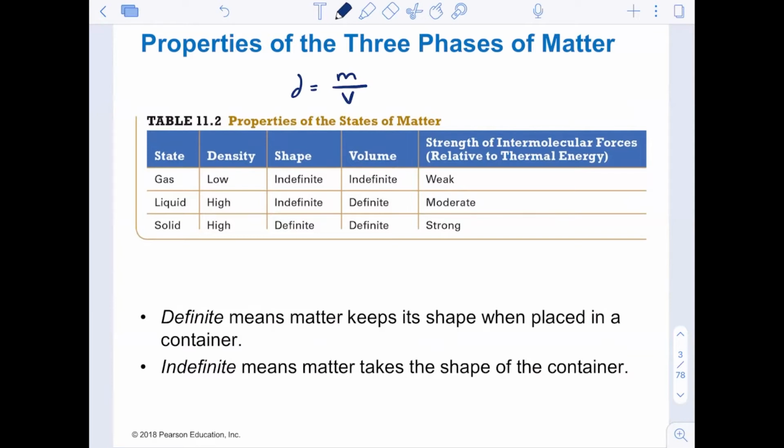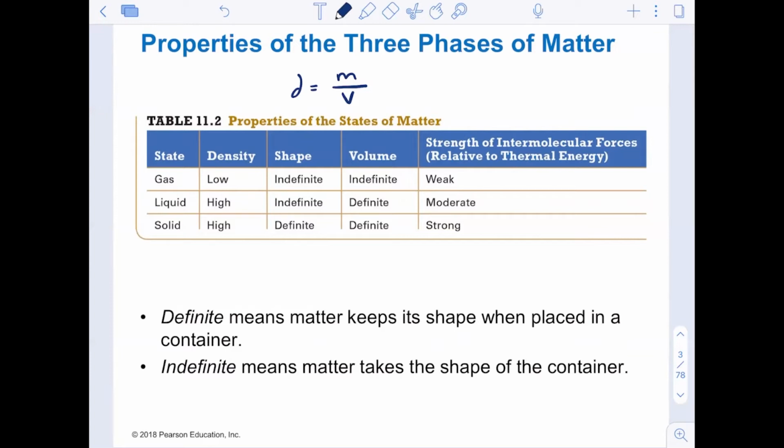We will talk about liquids and solids though. Their densities are relatively high. They are more compact when we look at the overall structure of the solution or the substance. Now, liquids have an indefinite shape, right? They can conform to whatever shape the bottle is, but they do have a definite volume. The strength of the intermolecular forces for liquids and solids is moderate to strong.